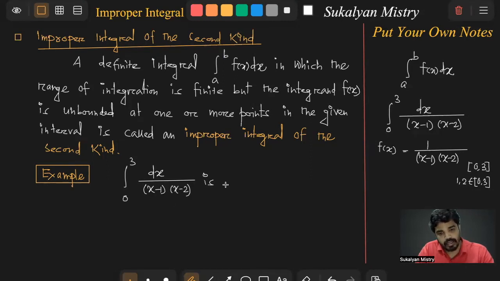This is an improper integral of the second kind.